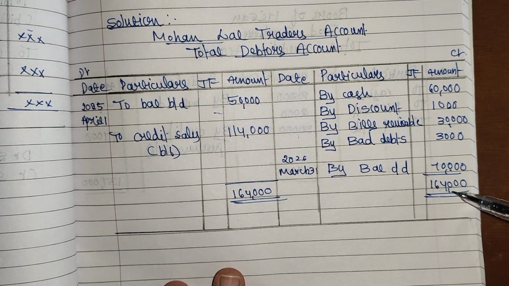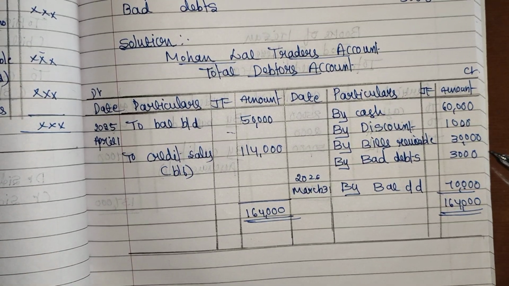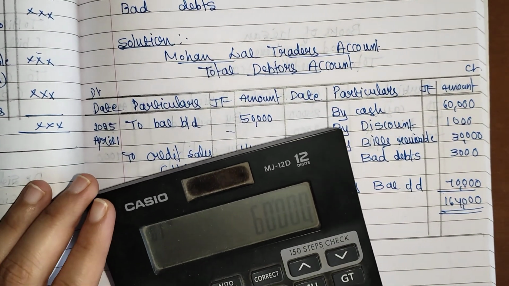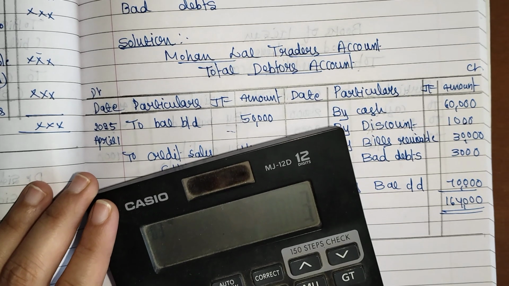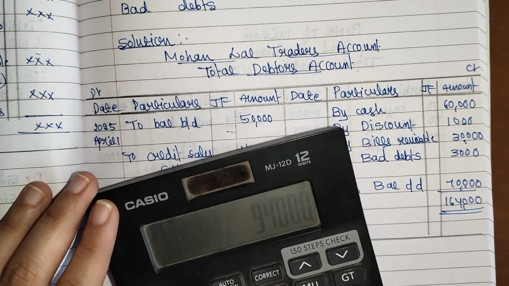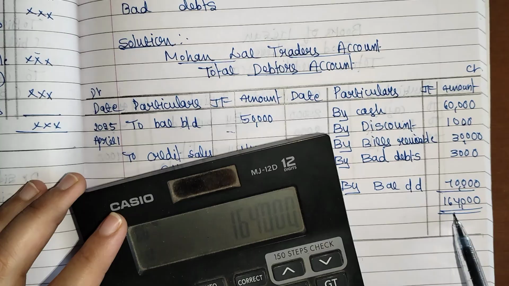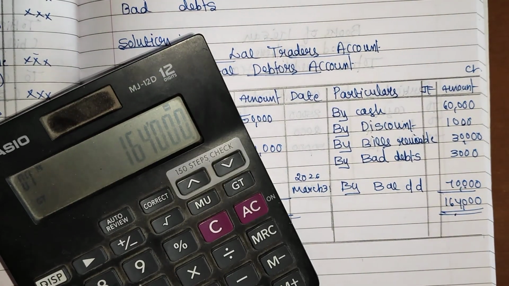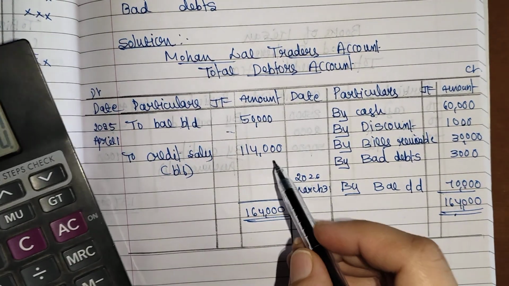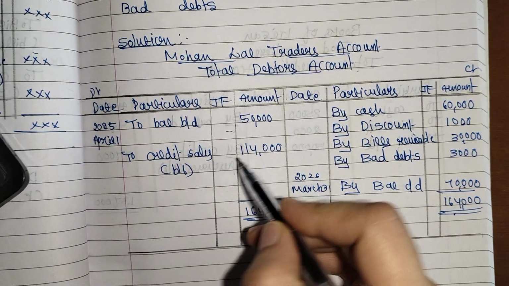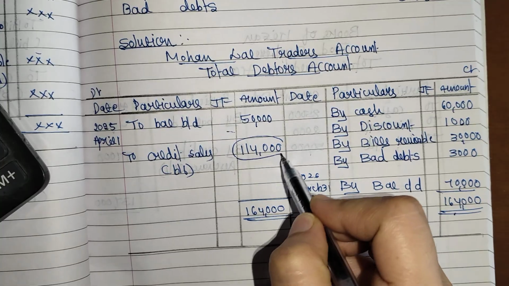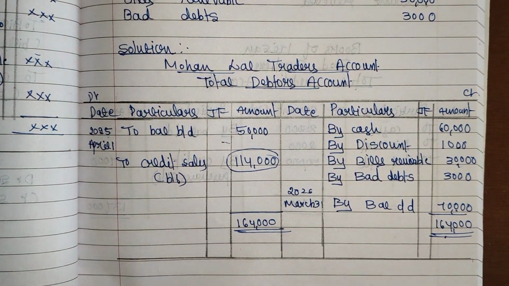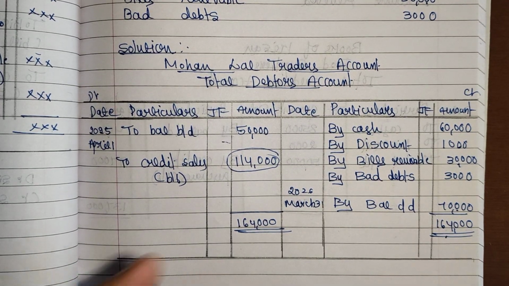Here the total it is 1,64,000. 1,64,000, right? 60,000, 1,000, 30,000, 3,000, 70,000. Yes, 1,64,000. Here deduct 50,000. Then we will arrive at credit sales. That is rupees 1,14,000. That is our credit sales. Clear? So in this way we need to prepare the debtors account.